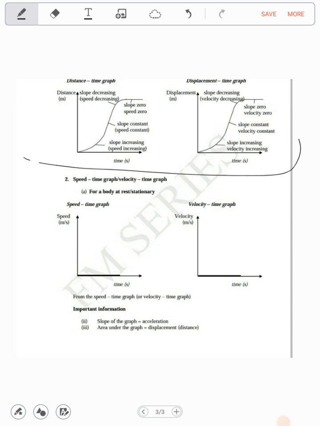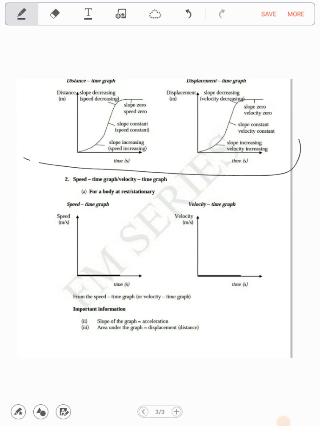Let's look at the speed time graphs. Okay. Or you get a velocity time graph. Now, when you talk of velocity time graph or speed time graph, we are talking of the interaction of speed with time. So speed will always change with time, and that will always give us what we call an acceleration. Okay.